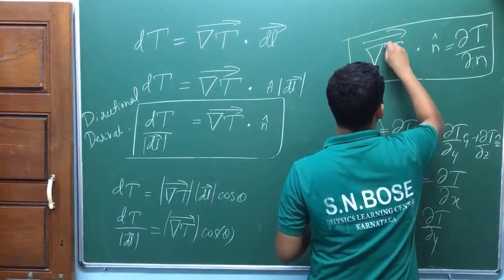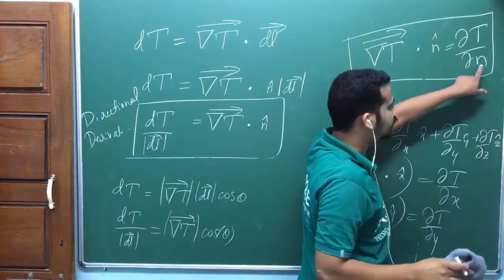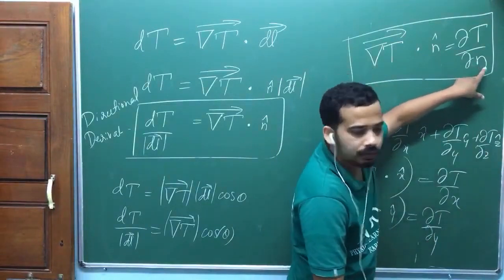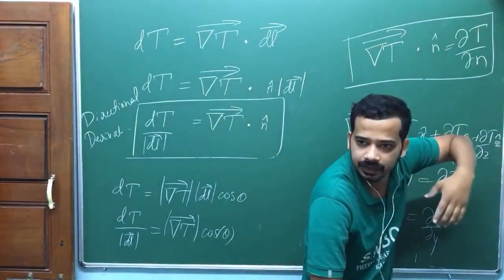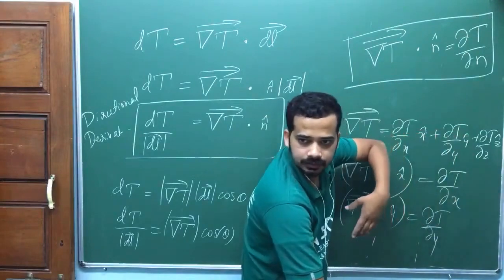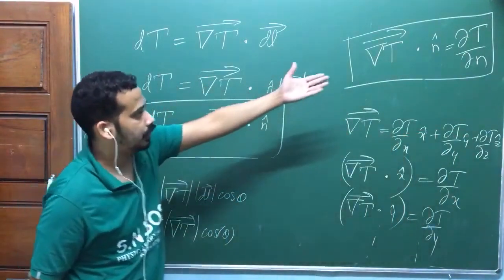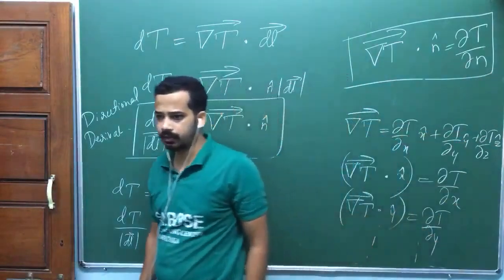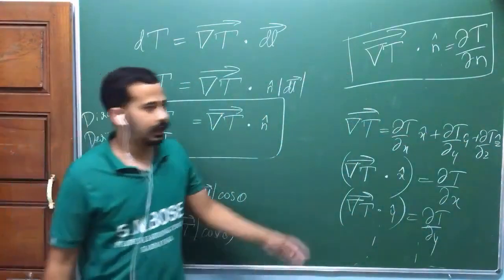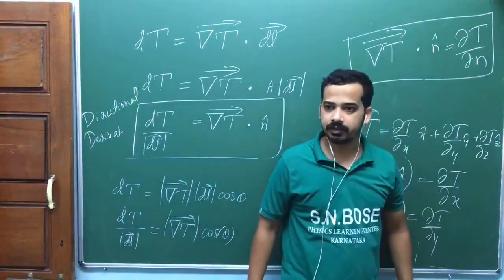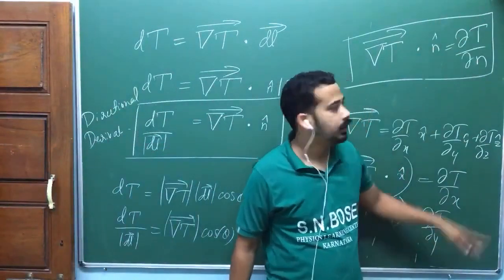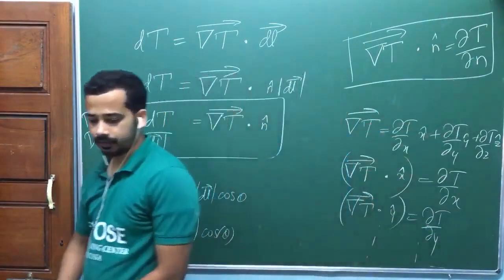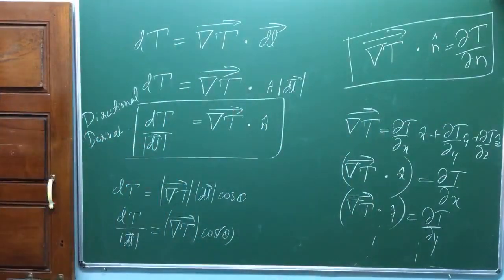Let me assume this n is some translational coordinate along the n cap direction. In place of dl I have put ∂n, that is the only difference. Where n is some coordinate along the n cap direction. So we call it the directional derivative. Have that idea, that's also required.